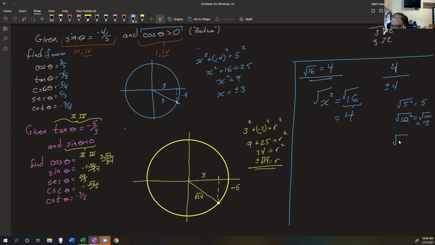But what's the square root of -3 squared? What's -3 squared? 9. What's the square root of 9? 3. Did you get back your input? What did you get back?